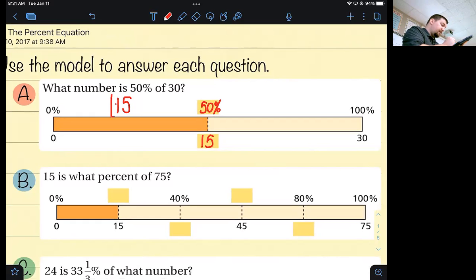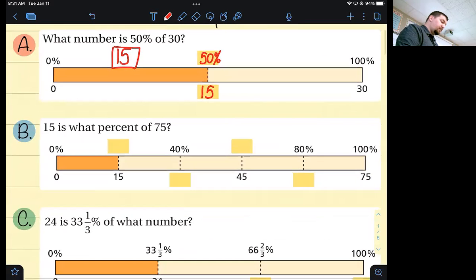All right, question B. 15 is what percent of 75? Looking at the diagram, what do they seem to be counting by on the top of the model? What percent are they counting by, Addison?